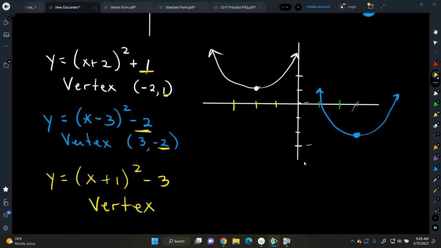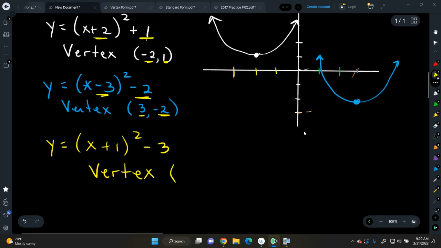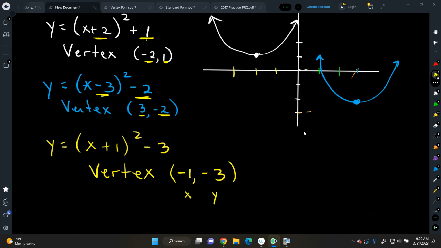The x value is the opposite of this one. So what's my vertex of this one? X comes first. So negative 1, negative 3. Remember, your points are always in alphabetical order. So your vertex is negative 1, negative 3.